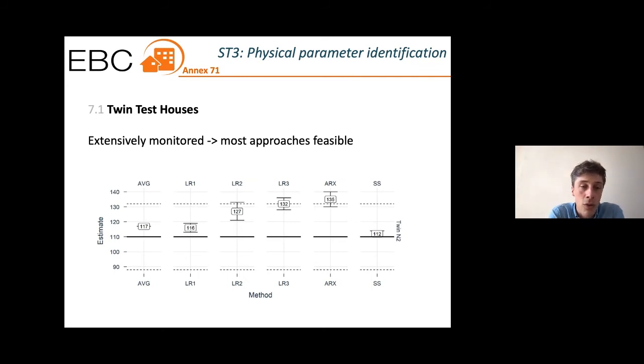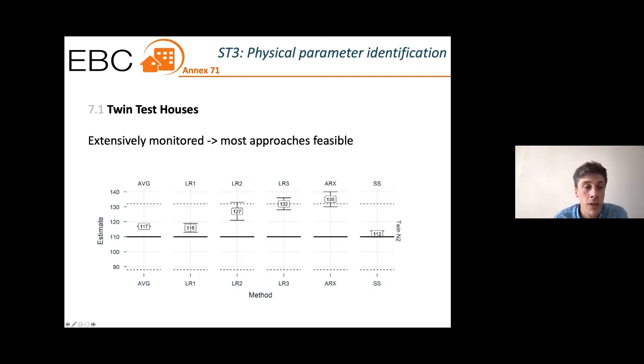And this is also, again, just an example of the results that we show in the report. This is for twin test house N2. The different columns show you the different statistical analysis methods. You see that the average method, so the very simple methods, perform quite well when comparing them to the reference value.